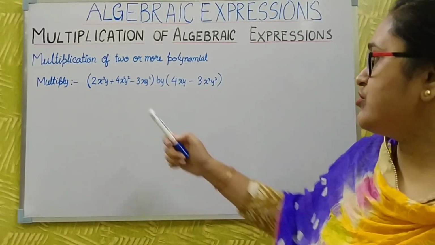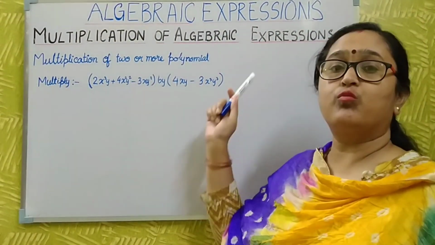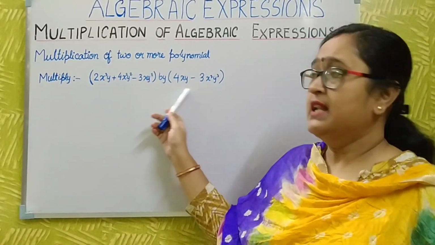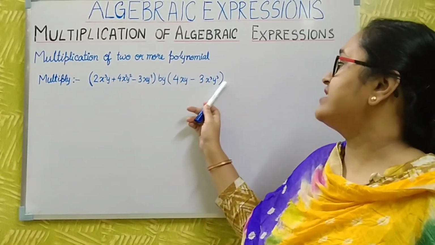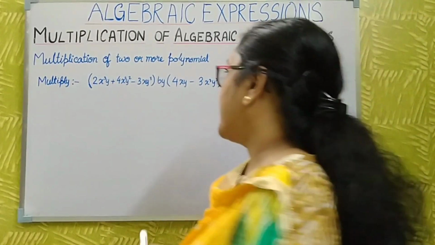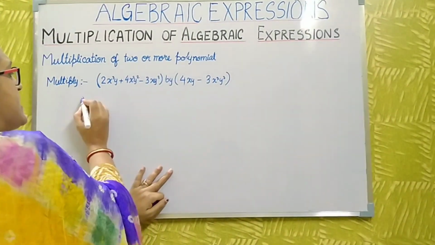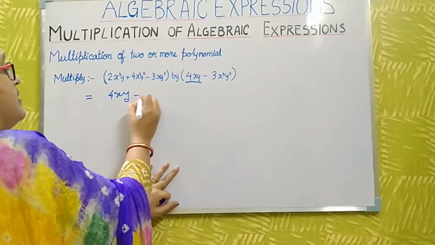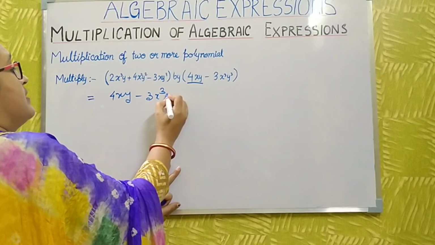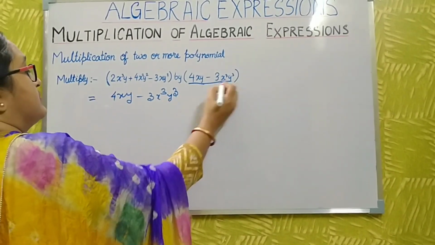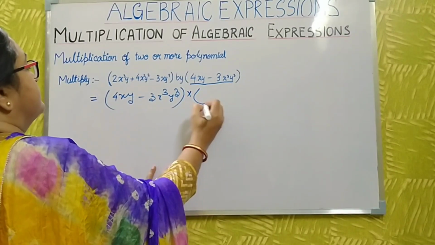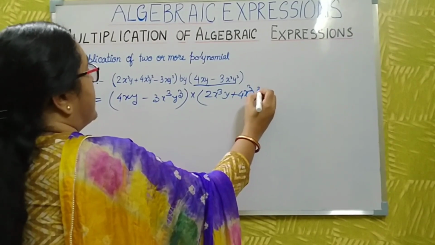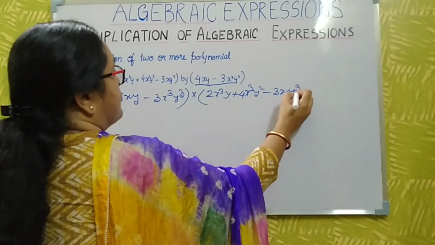Now I discuss multiplication of two or more polynomials. Now I take an example. This is a polynomial here and here also is a polynomial. Now I do the multiplication. First you take this one, into 2x cube y plus 4x cube y square minus 3x y cube.